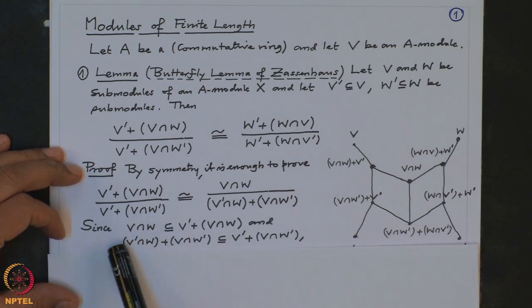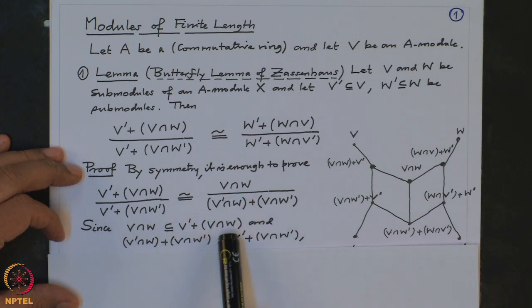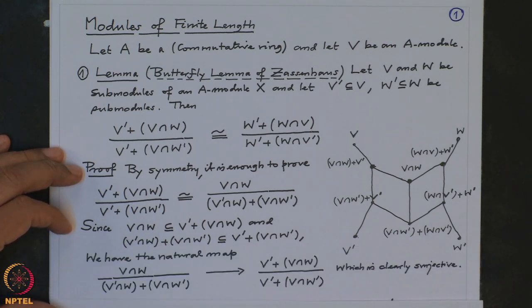Now, V intersection W is a submodule of V prime plus V intersection W. This is the bigger one. Similarly, V prime intersection W plus V intersection W prime is a submodule of V prime plus V intersection W prime, because this one is contained here and this one is contained here. So, these are the submodules, and now we have a natural map.